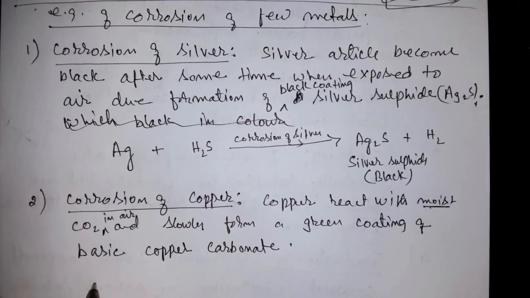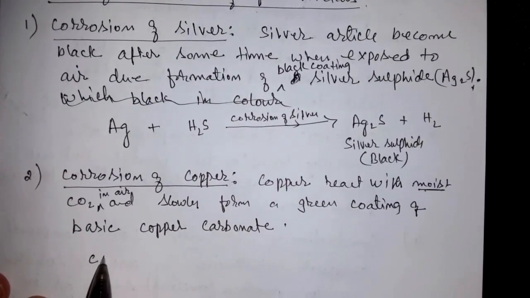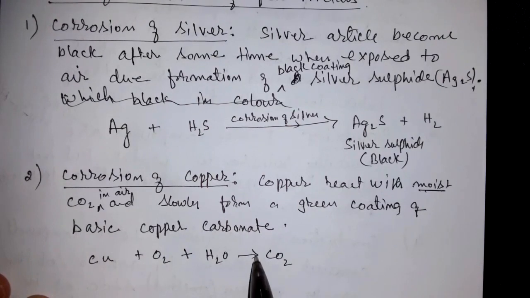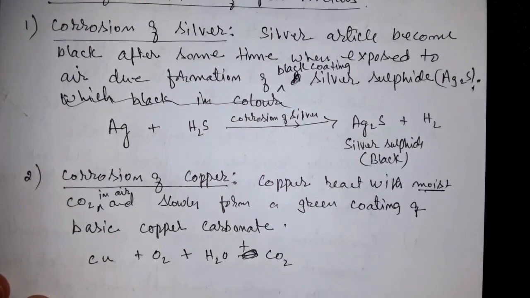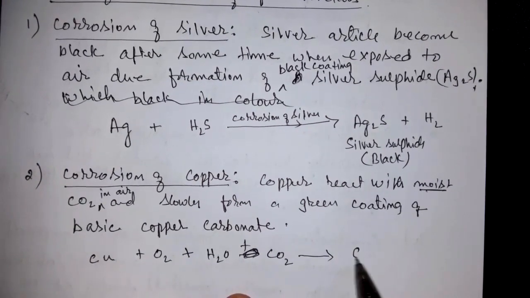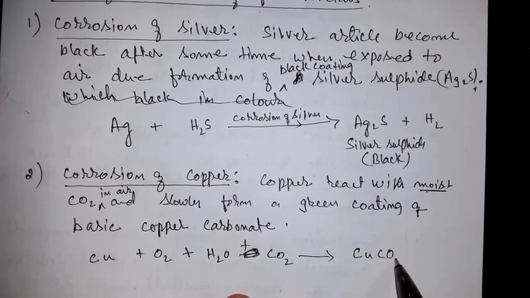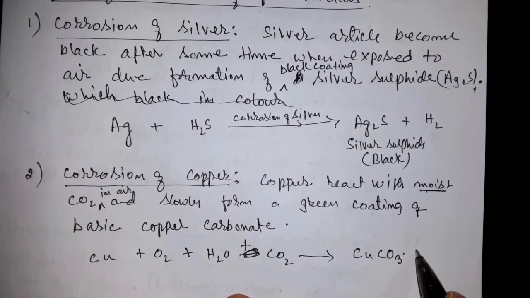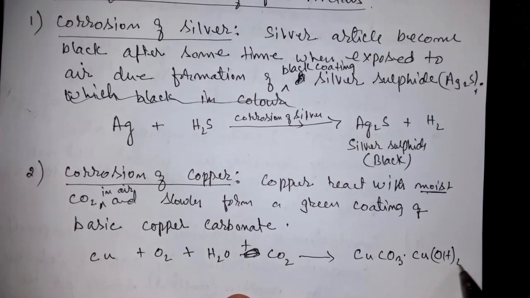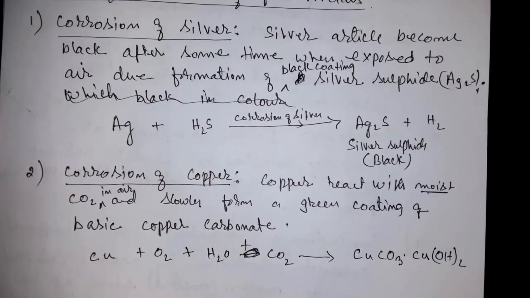If you want to know the reaction, we can write like this: copper combines with oxygen, water, and carbon dioxide, then it forms a compound CuCO3.Cu(OH)2.